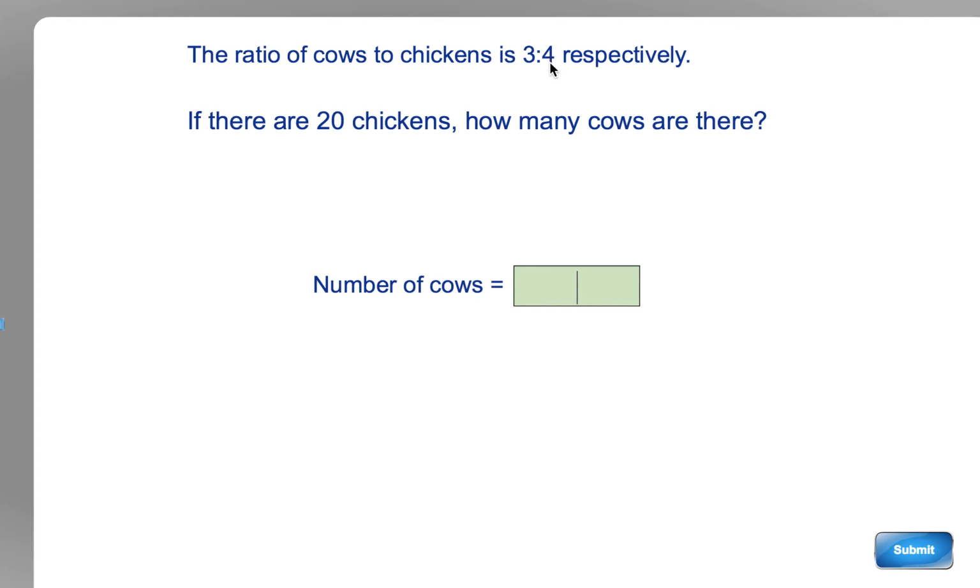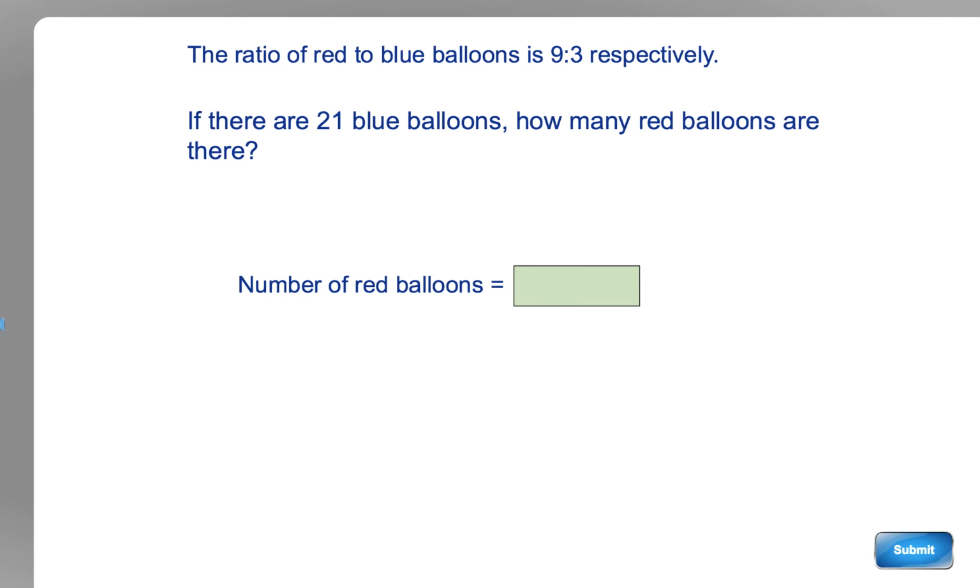I have to times it by 5. 4 times 5 makes 20. So if on this side I'm doing 4 times 5 to make 20, on this side I've got to do 3 times 5 to make 15. Whatever I do on one side, multiply by 5, I have to do on the other side, multiply by 5. And that's what ratios are, okay? It's just equivalent fractions.